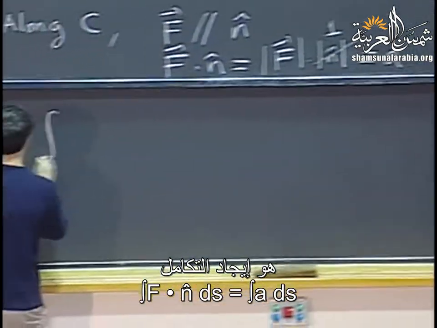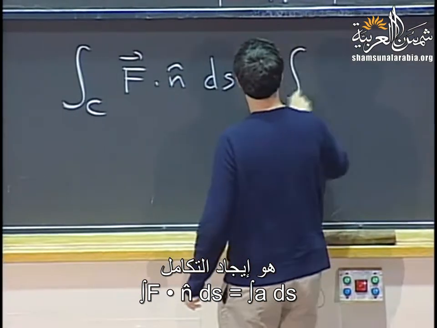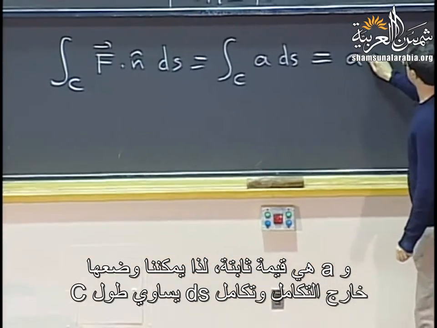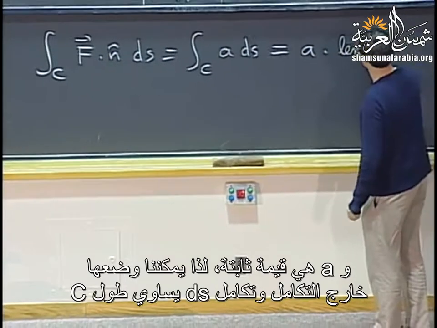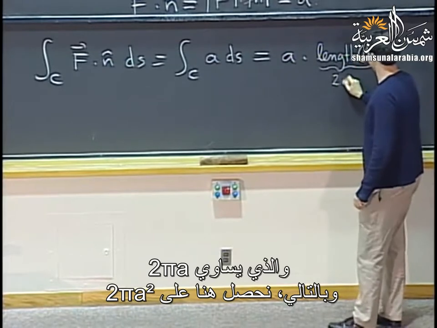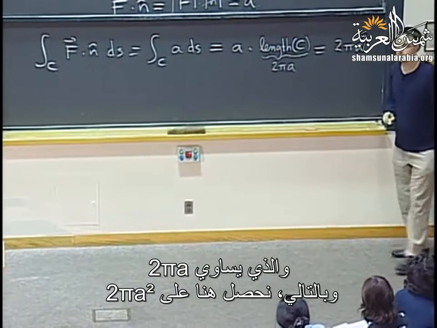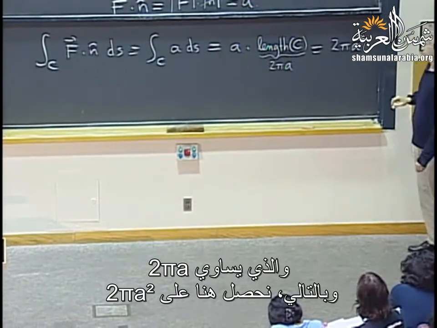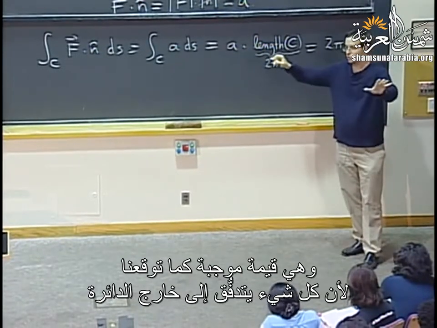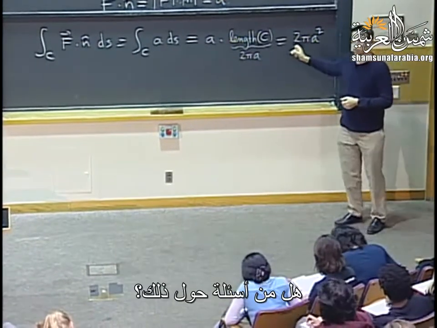The integral of F dot N ds becomes the integral of a ds. a is a constant, so I can take it out. And the integral of ds is just the length of C, which is 2 pi a. So I will get 2 pi a squared. And that is positive, as we expected, because stuff is flowing out of the circle. Any questions about that?